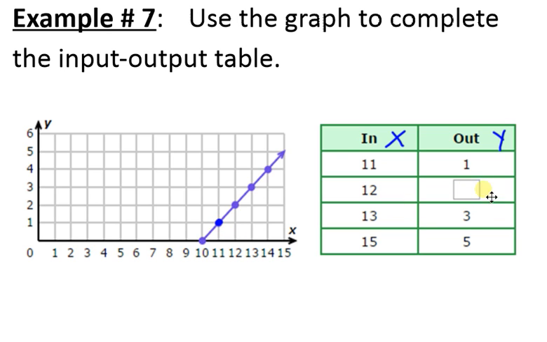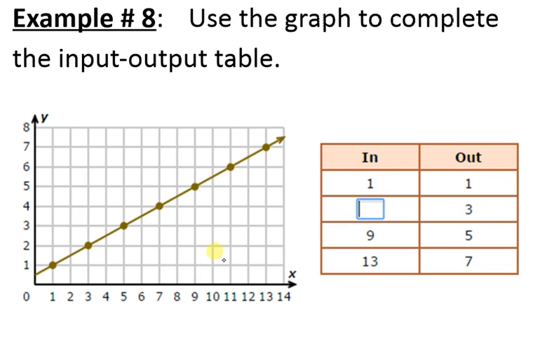But then it wants to know what is this value right here. Well, go to 12 on the x-axis and up until you hit a point. And this should be 2. So you're going to put a 2 right there, okay? And that's it.